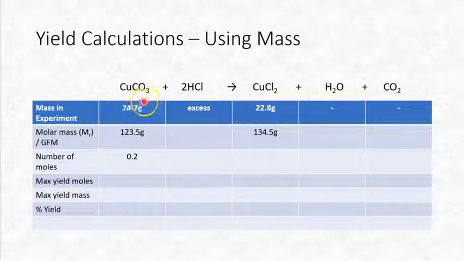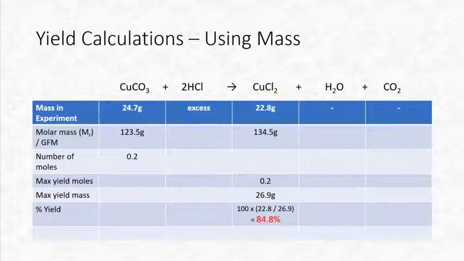We've calculated that our 24.7 grams of copper carbonate is 0.2 moles. Therefore, because our copper carbonate and our copper chloride react in a 1-to-1 ratio, we know that our maximum yield is 0.2 moles. And then if we calculate the mass of 0.2 moles, it's 26.9 grams.